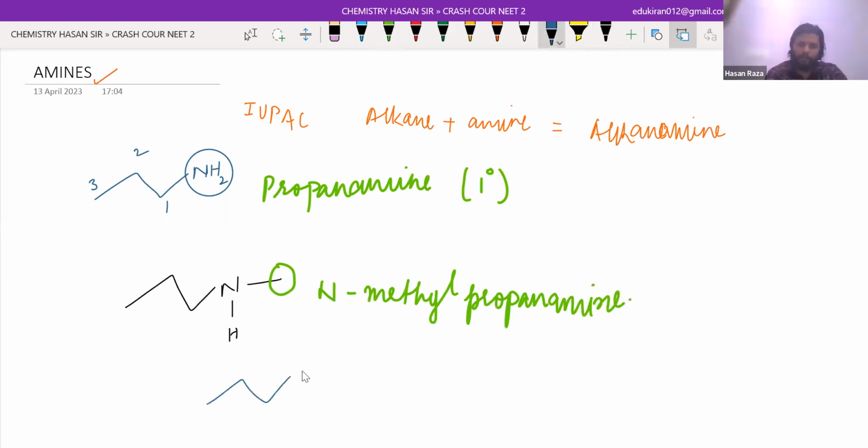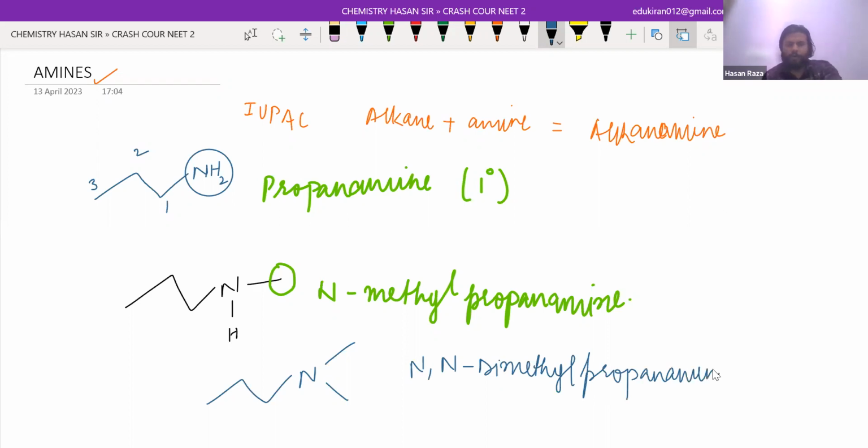And if you write this, you can write N comma N dimethyl propane amine. So this is how we do nomenclature of this. Please do write it. Let me know when you are done with this.